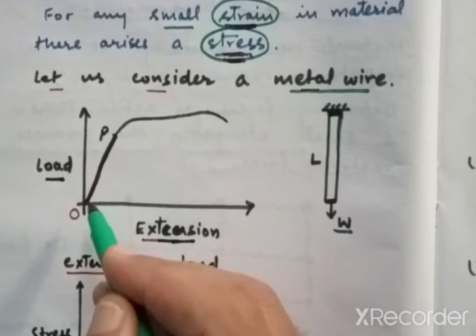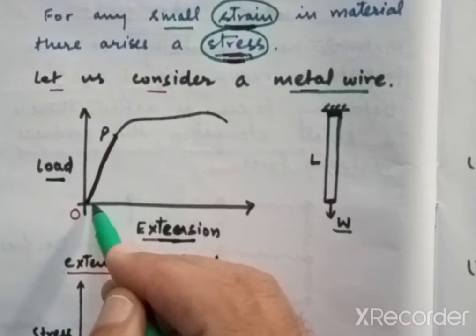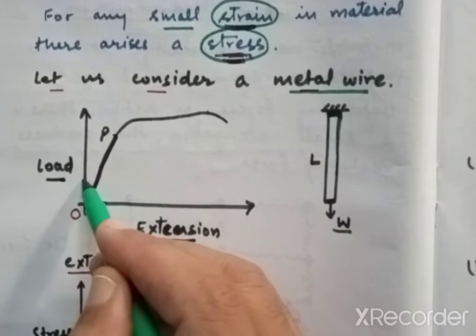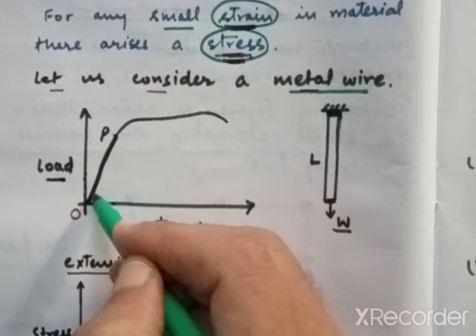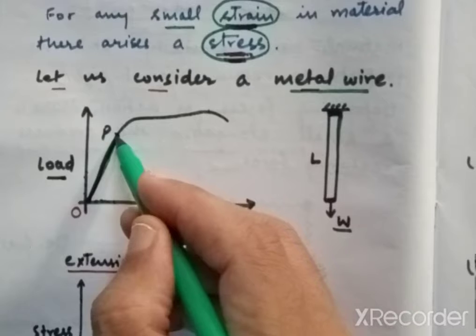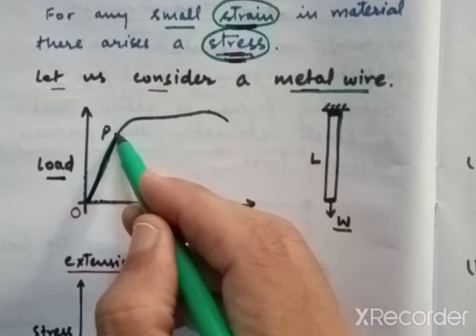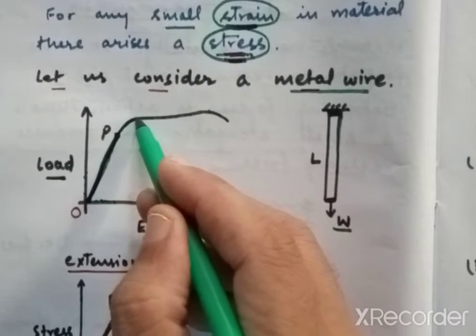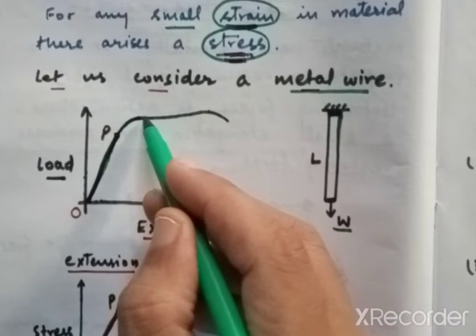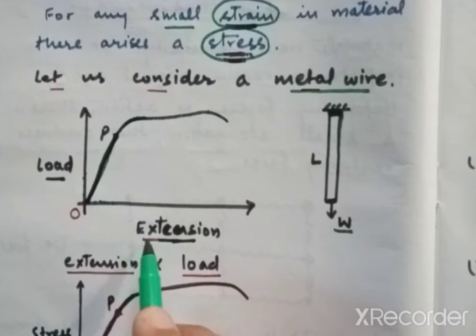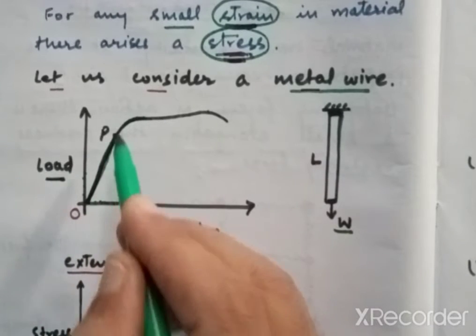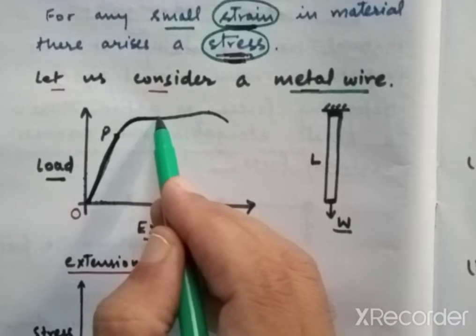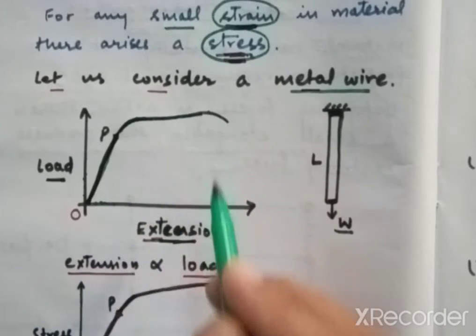So what happens initially is that as there is more and more load, there will be more and more extension, and they are proportional to each other initially. But later on, after a particular point, the linear relationship breaks, and the extension rate increases.